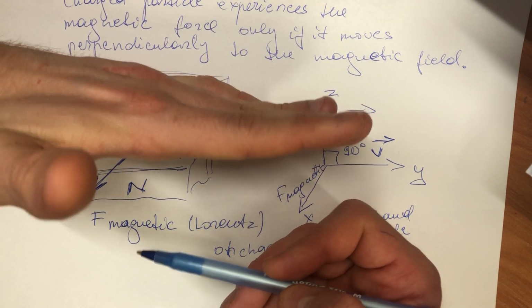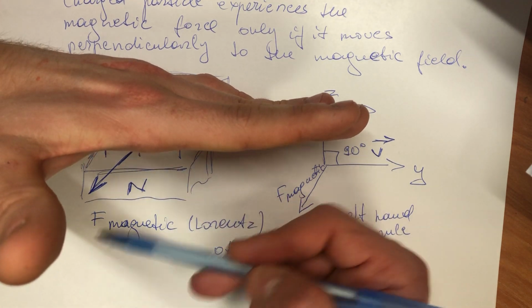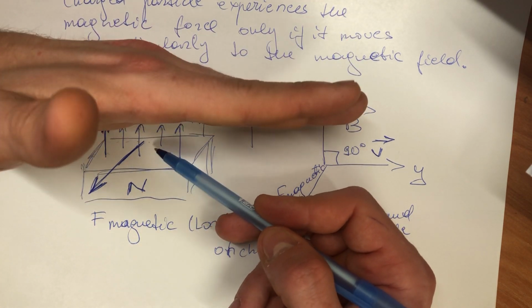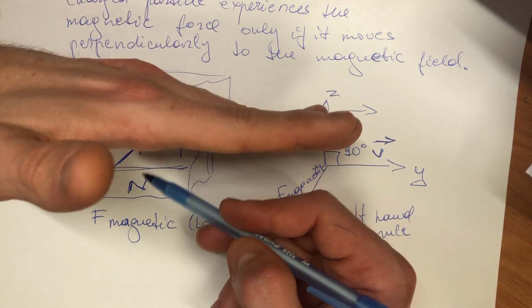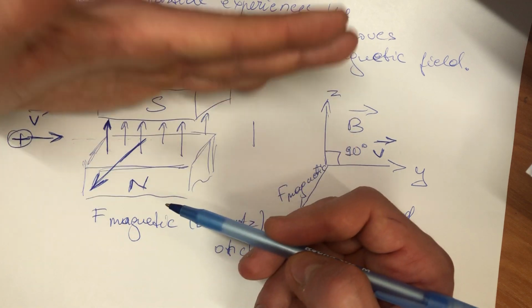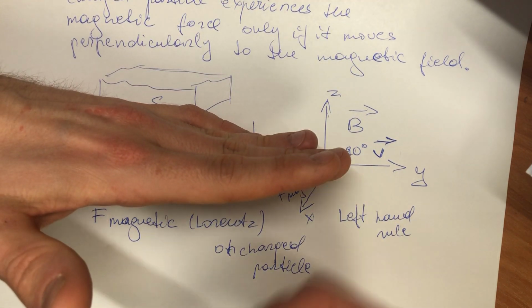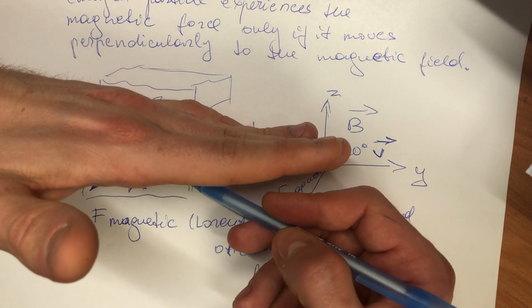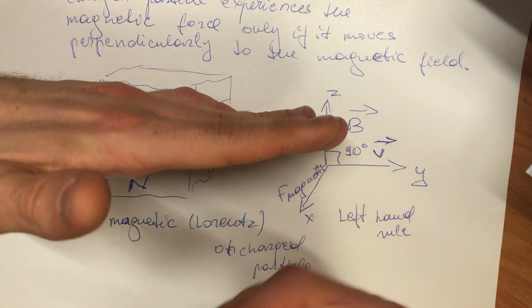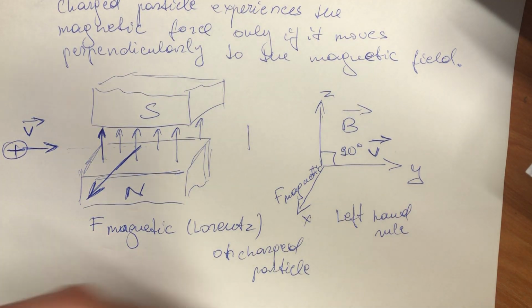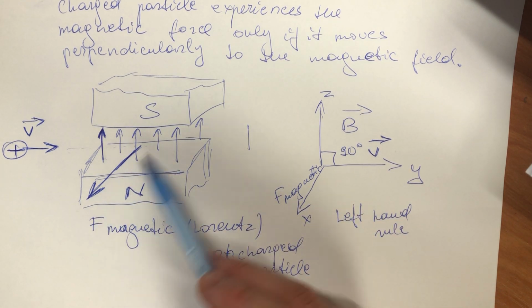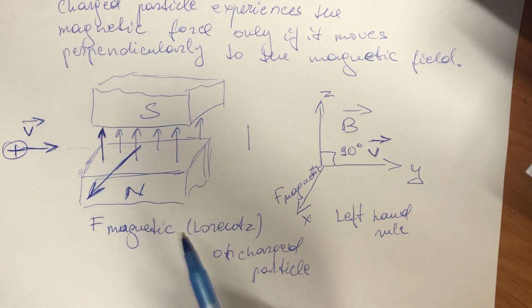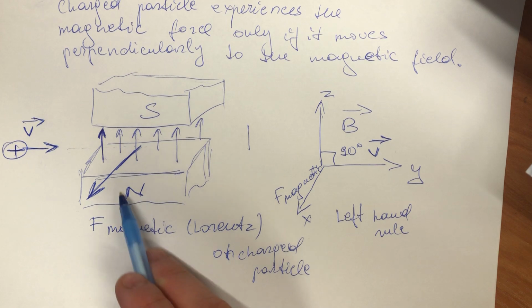In this case it's acting toward me, from the page to me, as I've drawn. So it is out of the page. So it is the left hand rule.